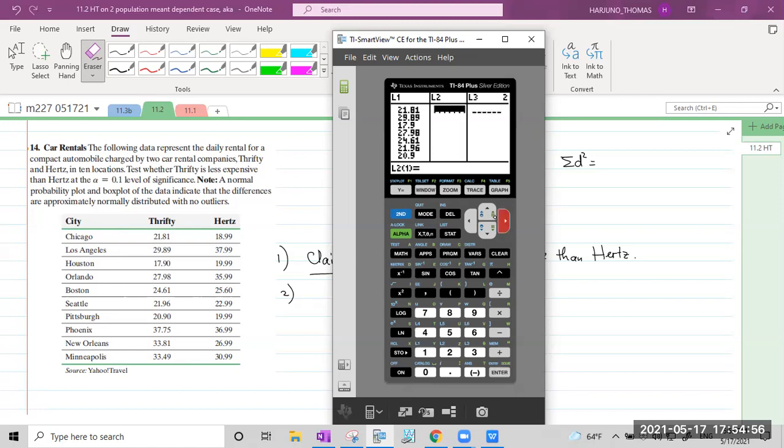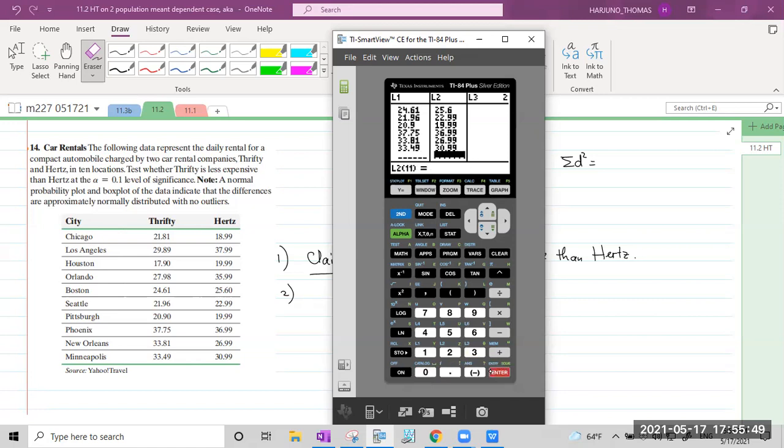Let's go to the second column. It has to be in the same order, exactly, because it's matched paired, right? 37.99, 19.99, 35.99, 25.6, 22.99, 19.99, 36.99, 26.99, 30.99.